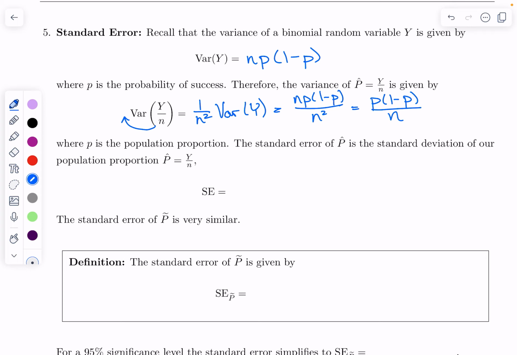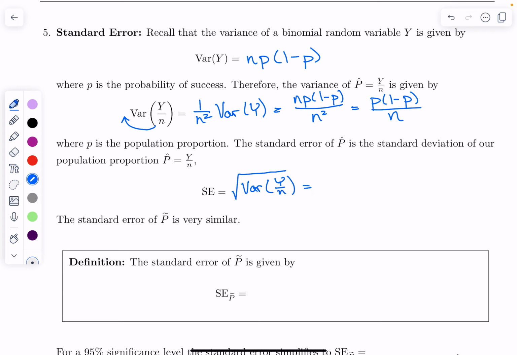The standard error of p hat, then, of course, is the square root of the variance of p hat, or y over n.